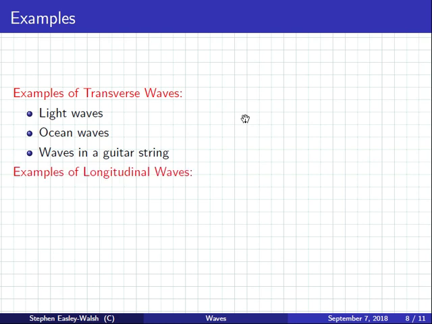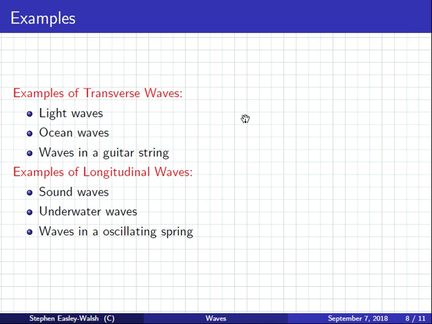Now, longitudinal waves. So sound is longitudinal. So the way the sound wave moves out is parallel. Underwater waves. So these are waves underwater. You know, if it's caused by an earthquake underwater, the way the water vibrates is longitudinal. And waves in a spring.